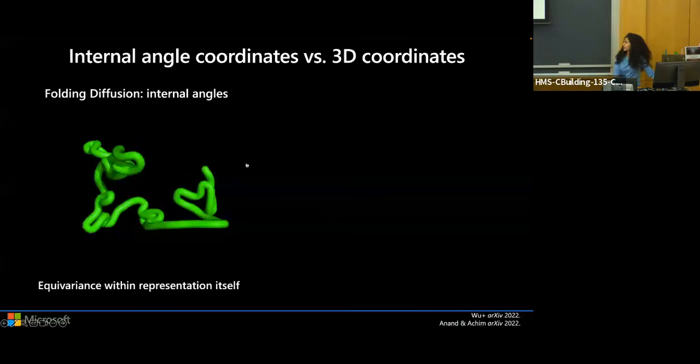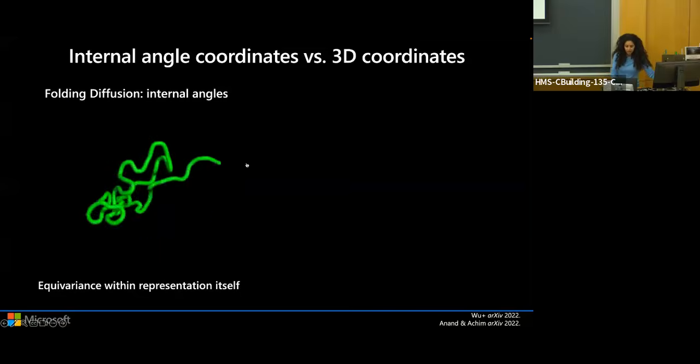To contextualize that, I have that visualized here, where with our folding diffusion approach, we're learning over these internal angle sets. This contrasts with common prior methods in structure-based diffusion models for structure design that rely on 3D coordinate representations of the protein structure.